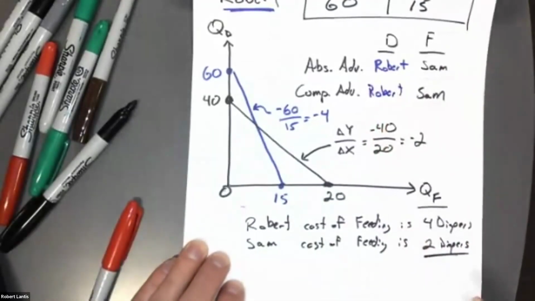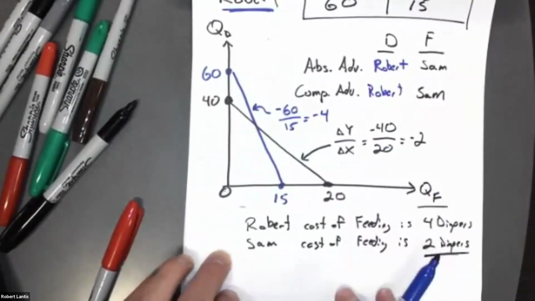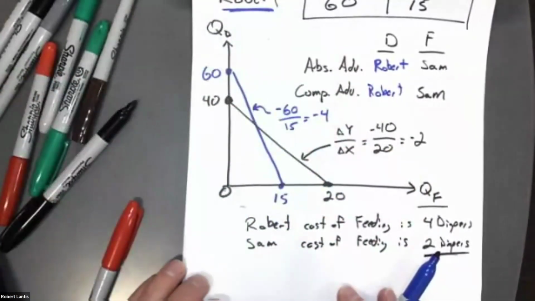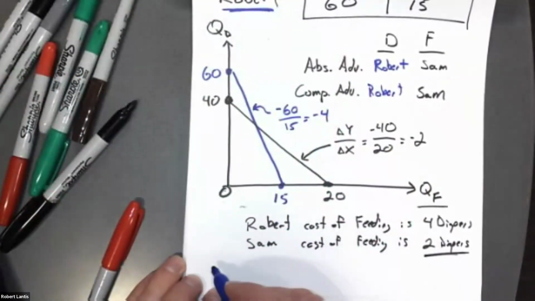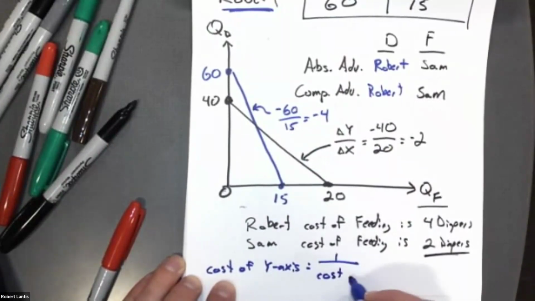Now, how can we prove this? Well, that would have to mean that he has a lower cost. So one thing we could do is flip what good we have on the x-axis and rework all of this. Or we can remember that the cost of this y-axis good is 1 over the cost of our x-axis good.